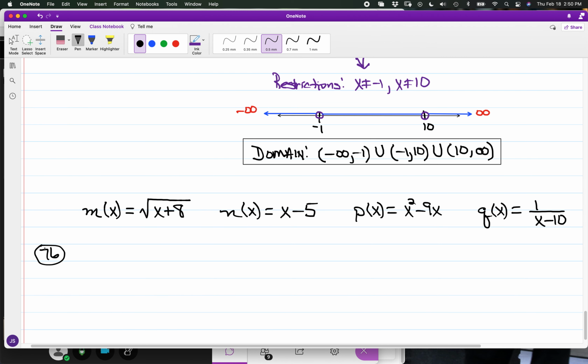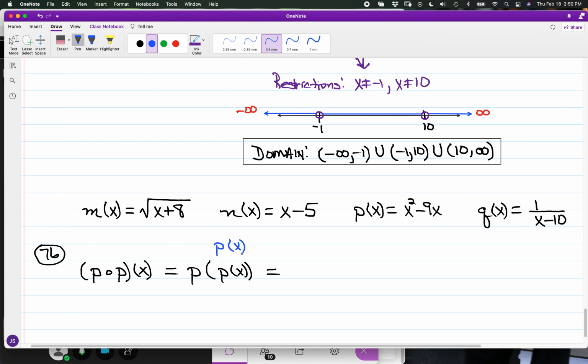This is what we have with P composed with itself of X. So we have P of X, and the output function, P of whatever the input is, is equal to X squared minus 9X.